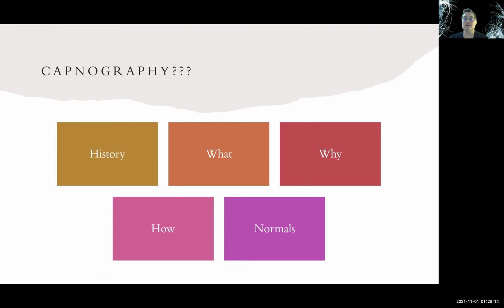Capnography is superior to pulse oximetry for the prompt identification of both apnea and airway mishaps. This is because SpO2 changes are delayed, whereas our CO2 measurements are more instantaneous.